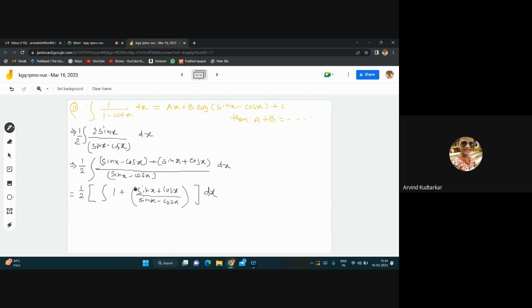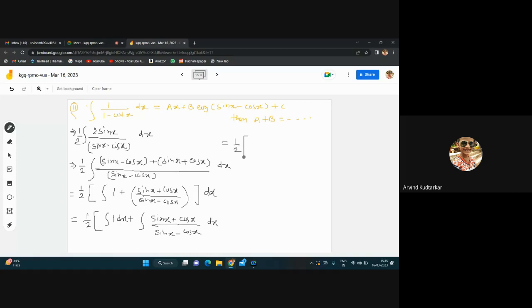So each term you can integrate separately. 1/2 times integration of 1 into dx plus integration of sin x plus cos x upon sin x minus cos x into dx. That is equal to 1/2 times integration of 1 with respect to x, which is x, plus, now what is the derivative of sin x? It is cos x, and the derivative of cos x is minus sin x, so minus minus plus sin x.